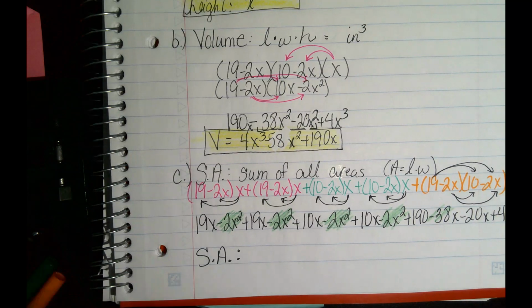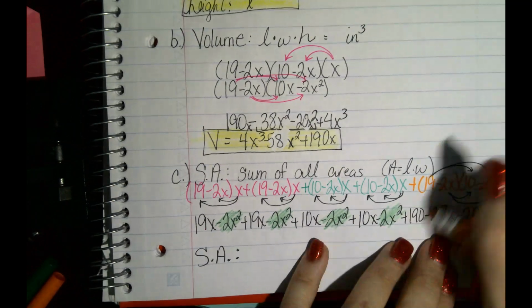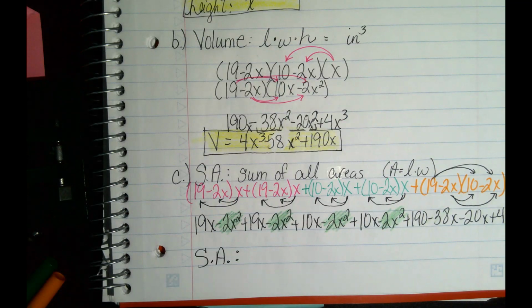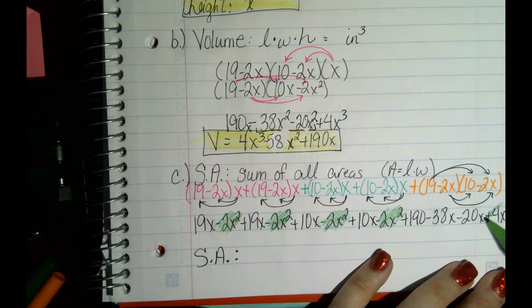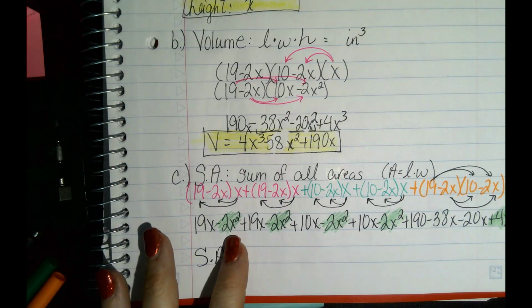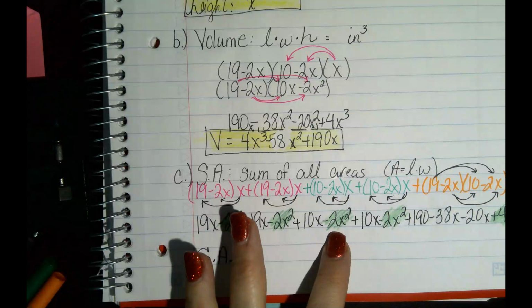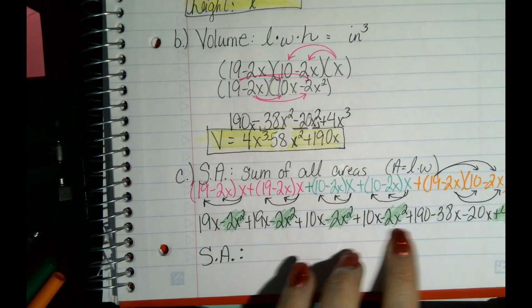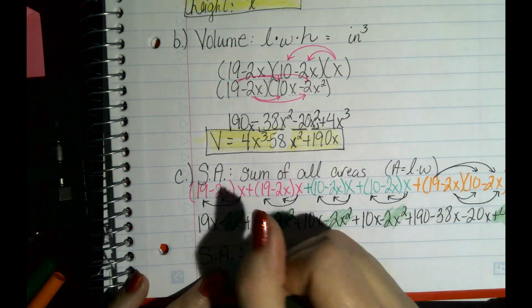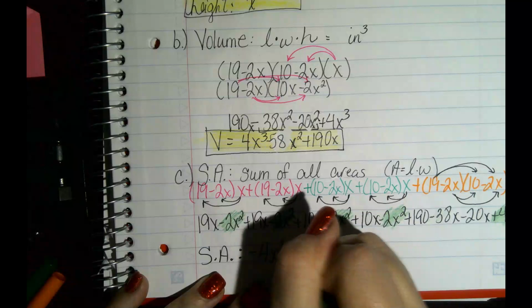That is not a square. This is why I like to use color pencils when I'm color coding, because I can erase them if I make a silly mistake. And again, take the signs in front. So negative 2, minus 2, minus 2, minus 2, plus 4. I get negative 4x squared.